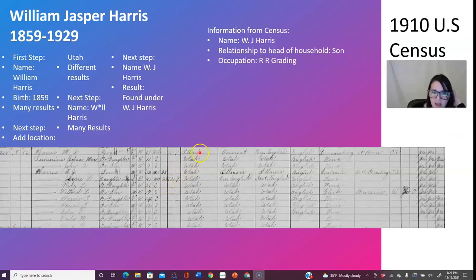And then his mother was born in Illinois. Also has their parents. But how I also know it's him is he's still in the railroad company. So now he's into grading. So in 1920, I continued to search for him.